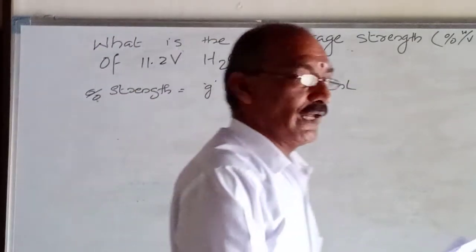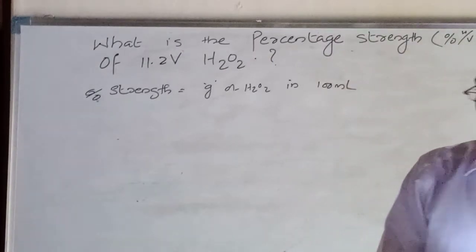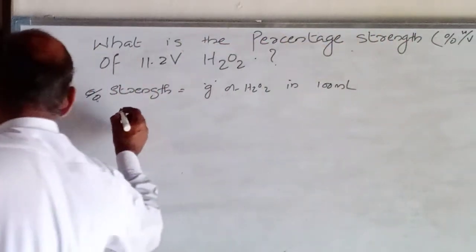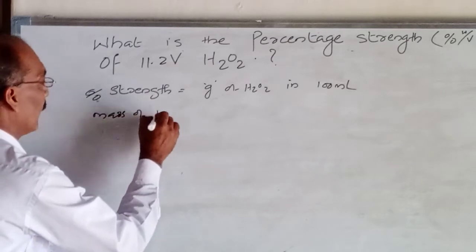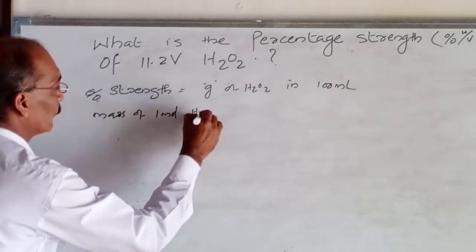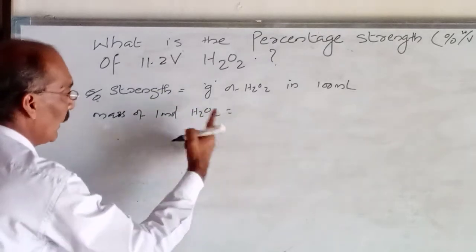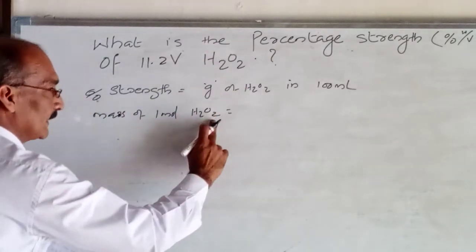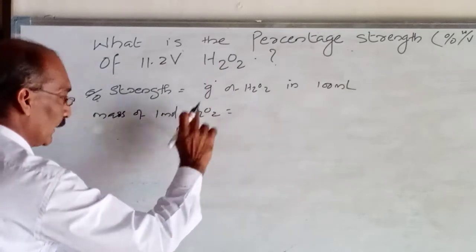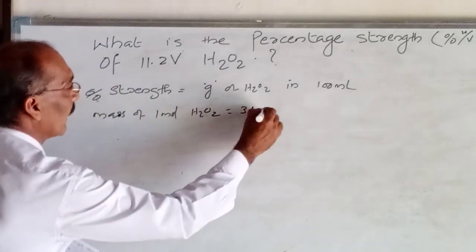We know the molar mass of hydrogen peroxide. Molar mass means mass of 1 mole. H2O2 is equal to hydrogen 1, 2 hydrogen 2, oxygen 16 into 2 is 32, 32 plus 2 is 34 gram.